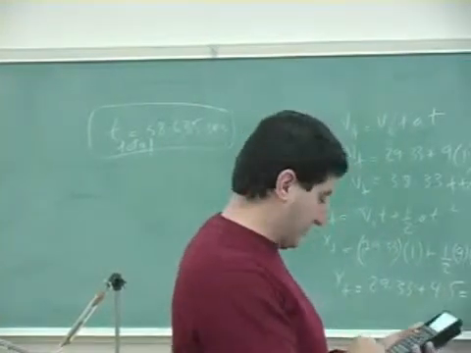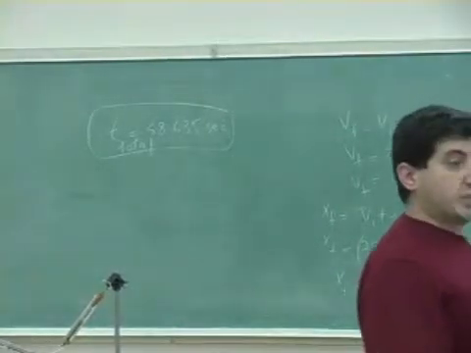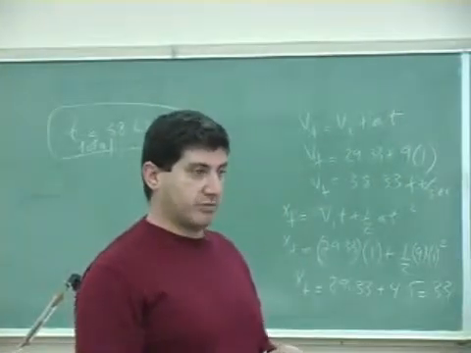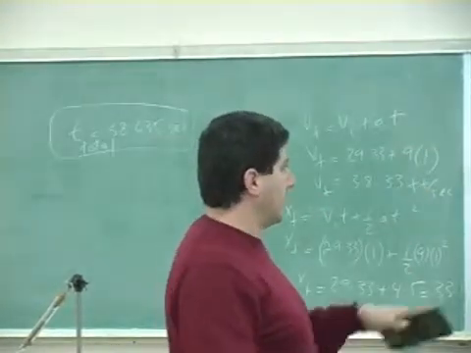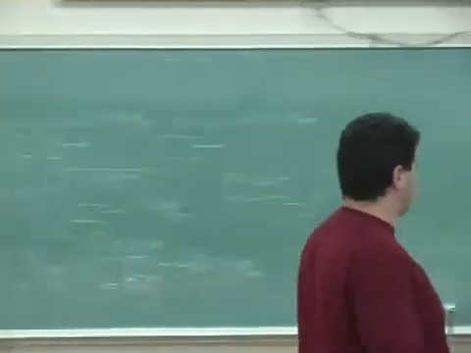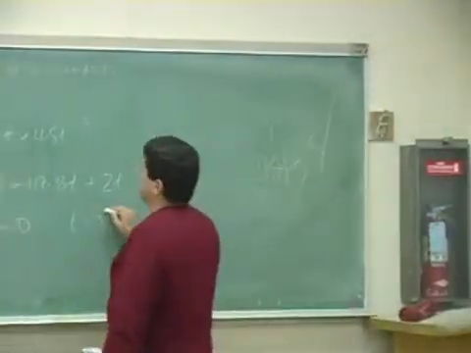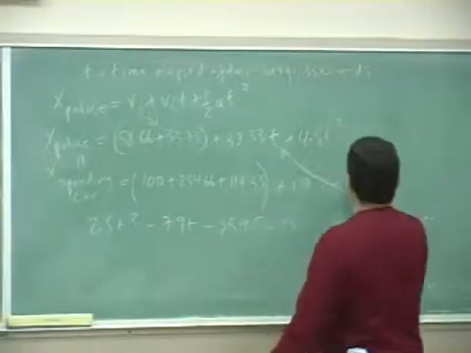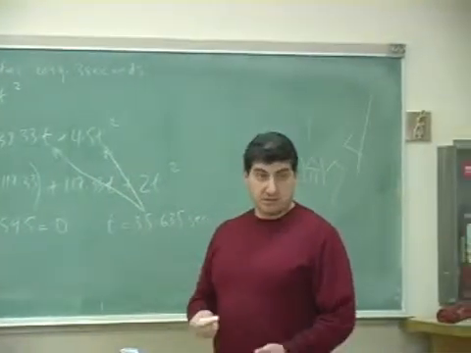Okay, now, how far down will the police catch up? In other words, if I want to know how far before he catches up, well, I can simply take this t and put it back into this equation and solve for x of the police, right?